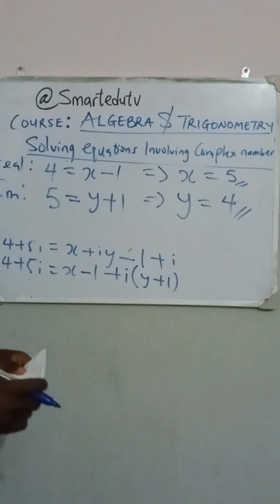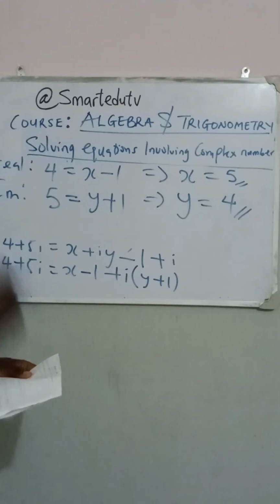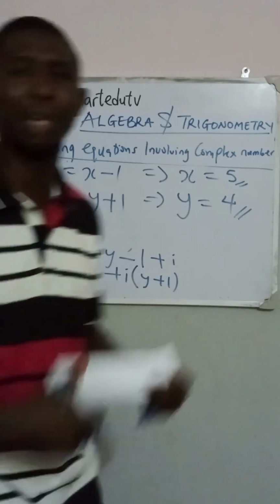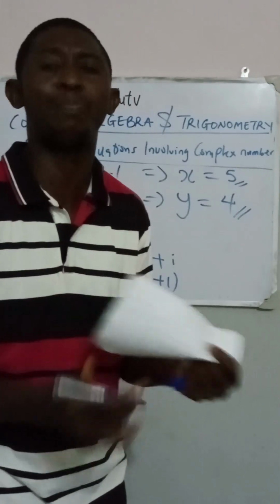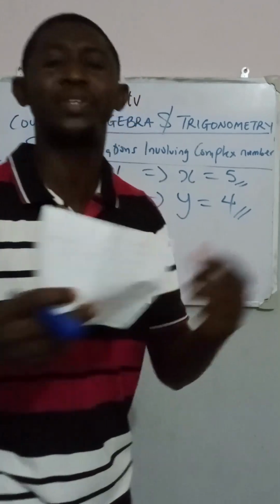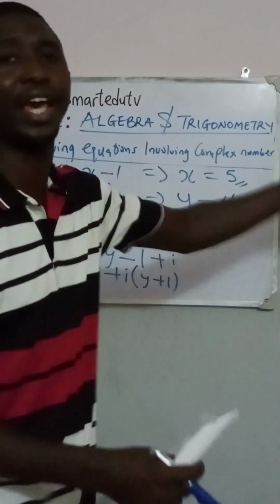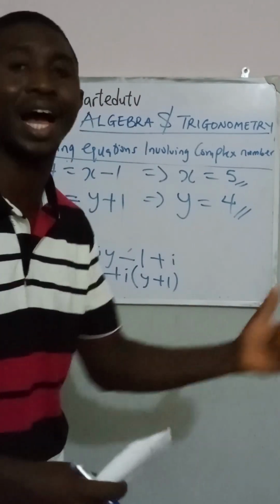What do we mean by Argand diagram? Argand diagram is simply the representation of complex numbers, how we represent complex numbers on the plane. That is what we mean by Argand diagram.